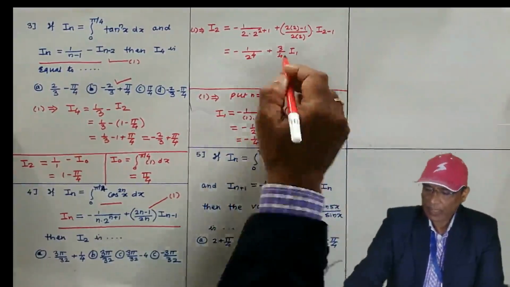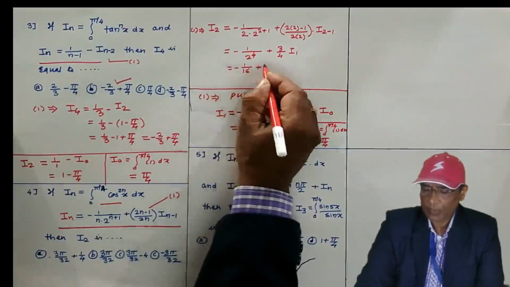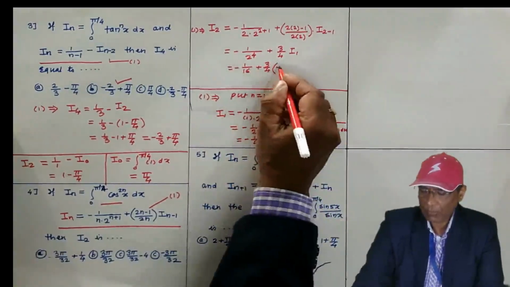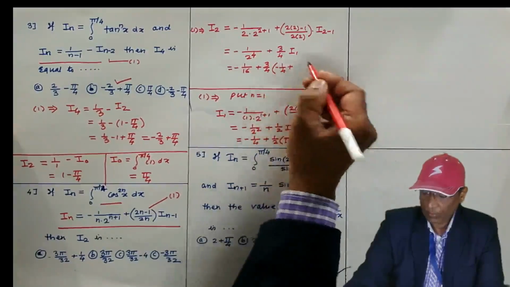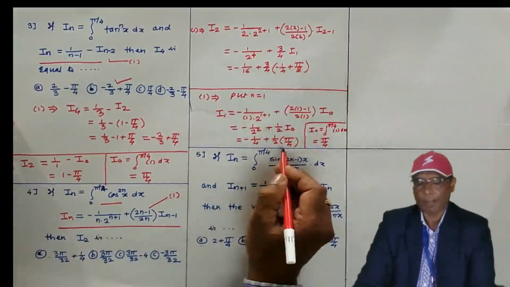Put value of I1 here again, minus 1 by 2 raised to power 4, 3 by 4, and I1 is minus 1 by 4 plus pi by 8. This is pi by 8.